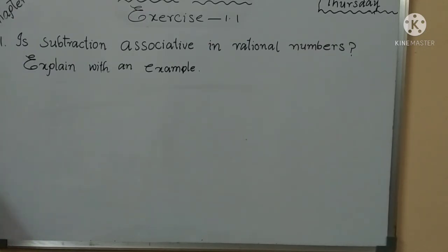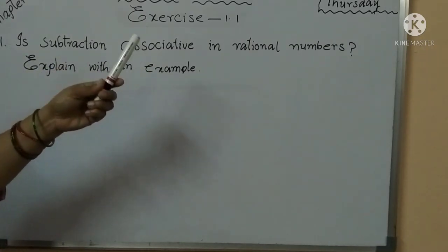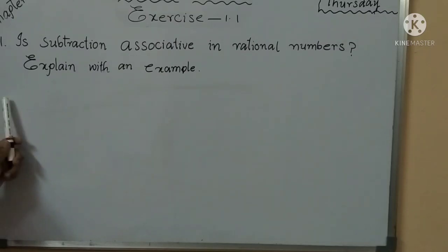Is subtraction associative in rational numbers? Explain with an example.